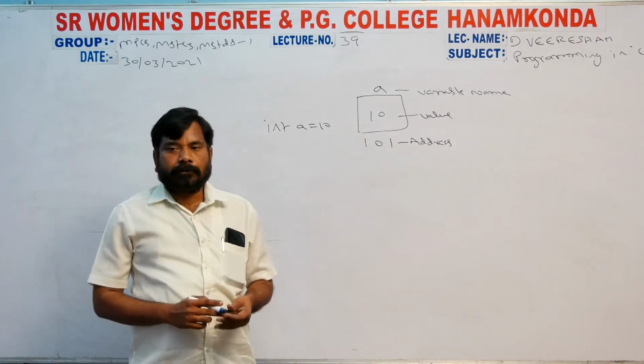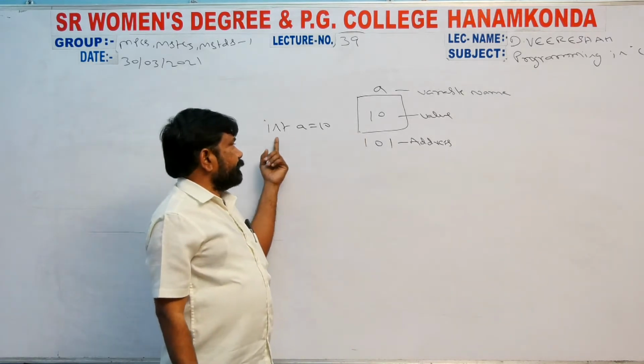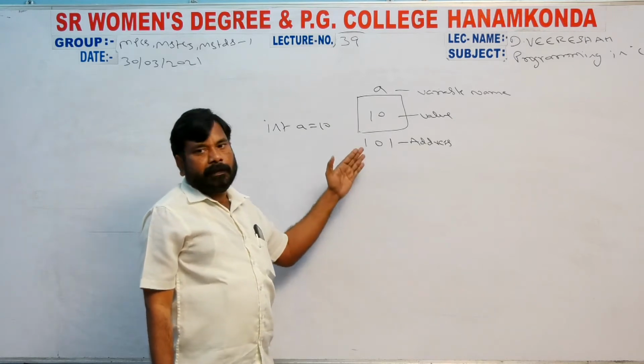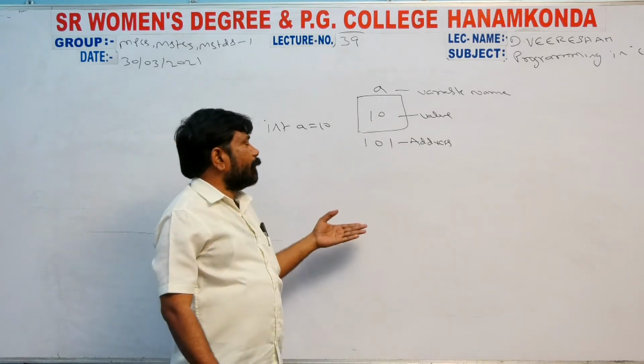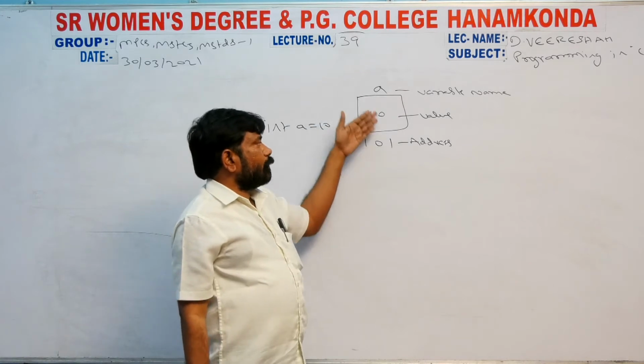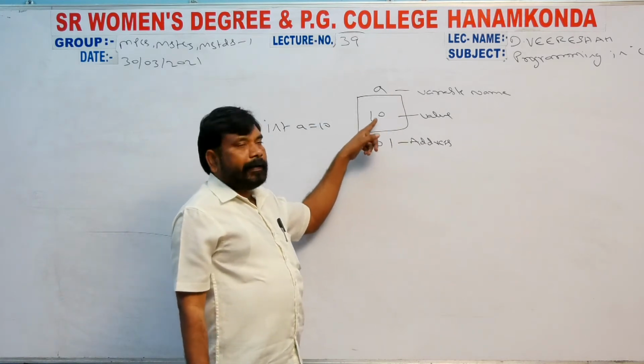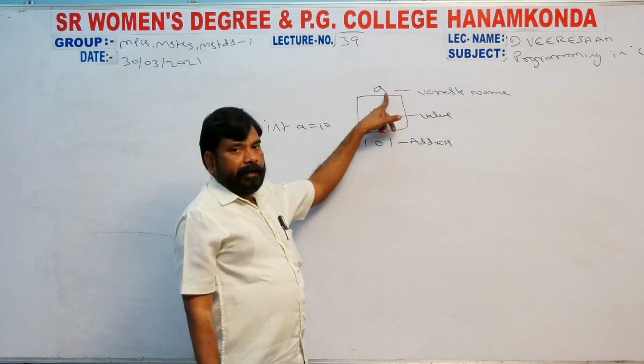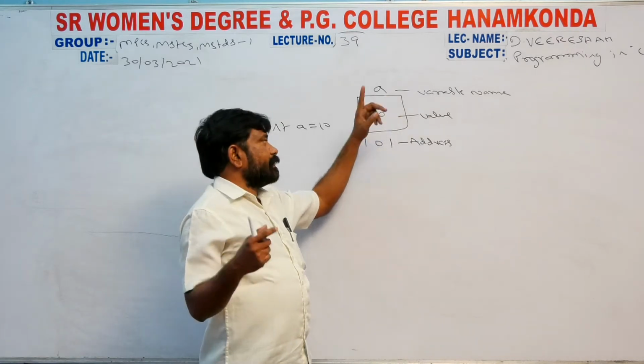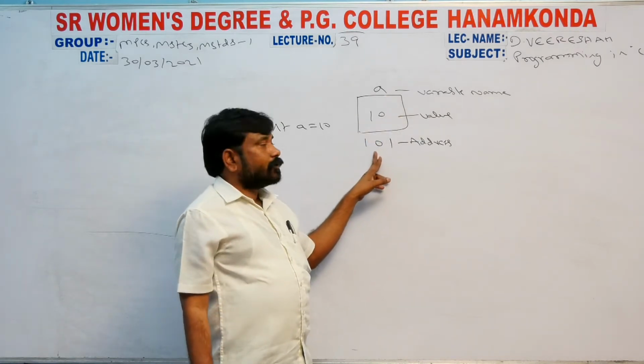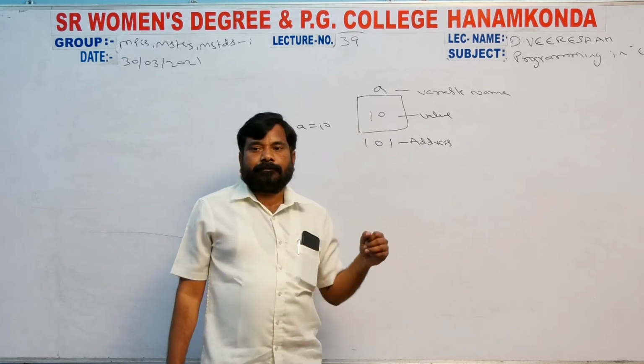Whenever you declare int a = 10, inside the system, in the memory, it will be stored like this. It allocates one memory block and gives the name a to that variable, and automatically the system assigns one address to it, and then the value is stored.